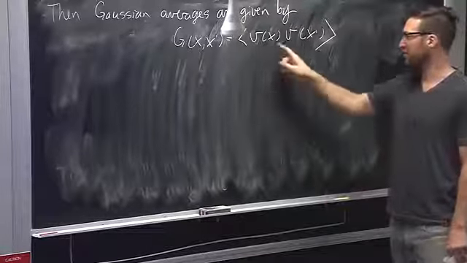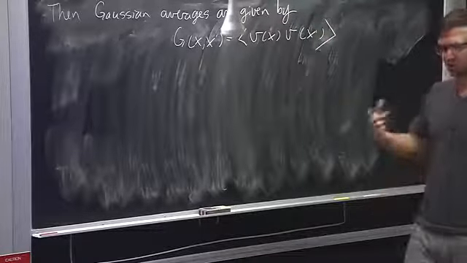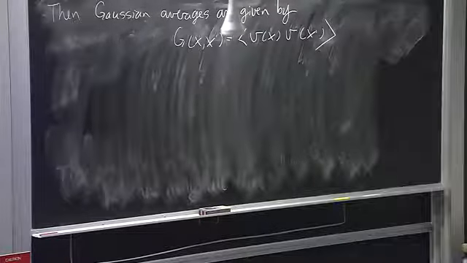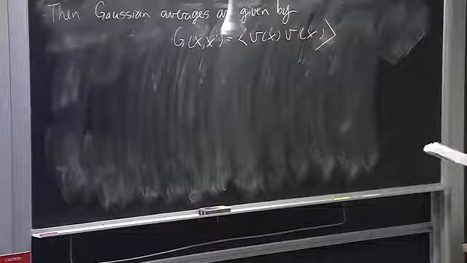I call them V, but they could be phi's. That would be the 2-point correlation function of the field, right? V is just parameterizing the field value for us.